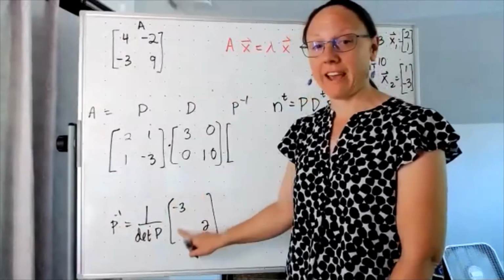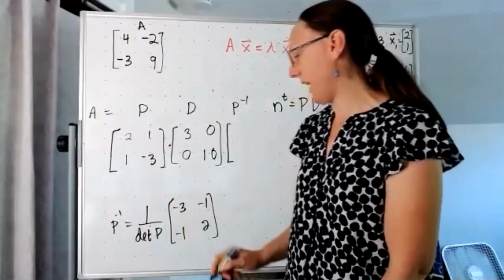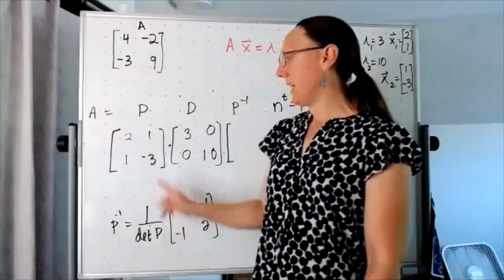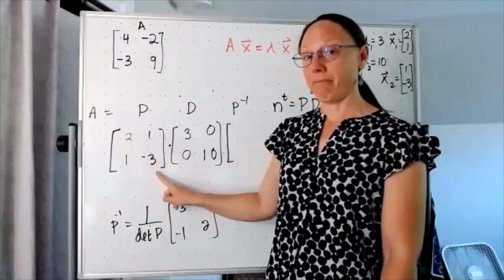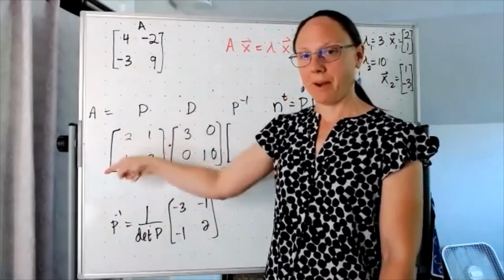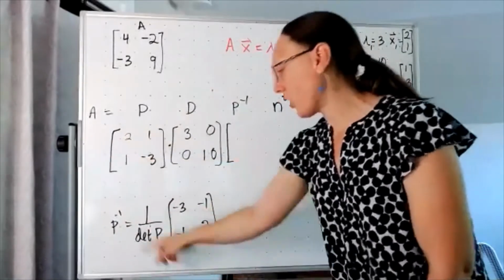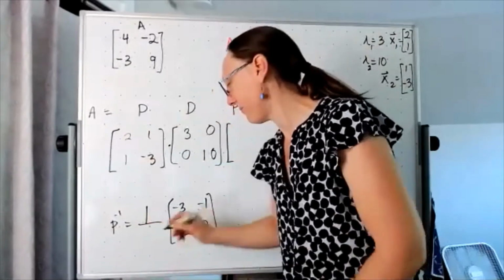And the off diagonals, we switch the signs on, so that would be -1, -1. Now to get the determinant of P, 2 times -3, that's -6, minus 1. So the determinant of P is -5.